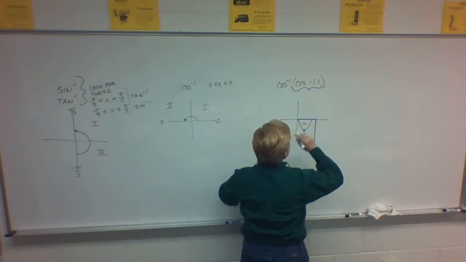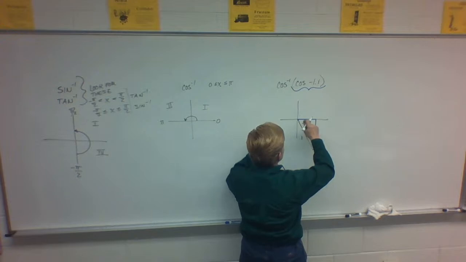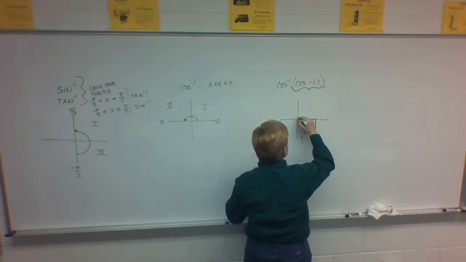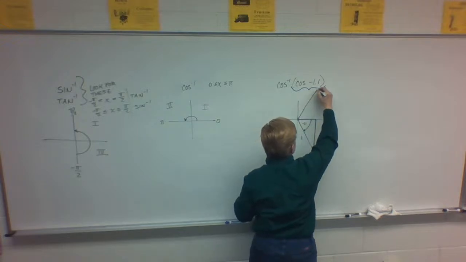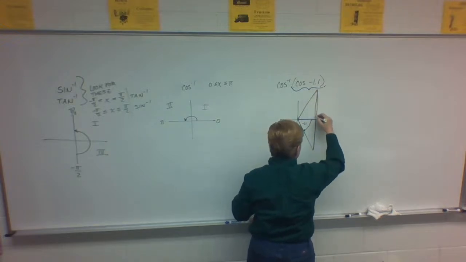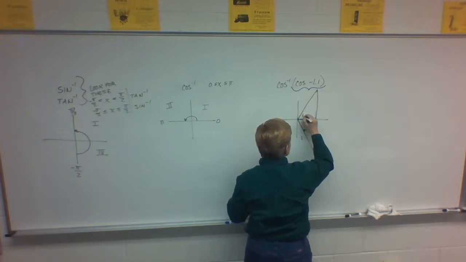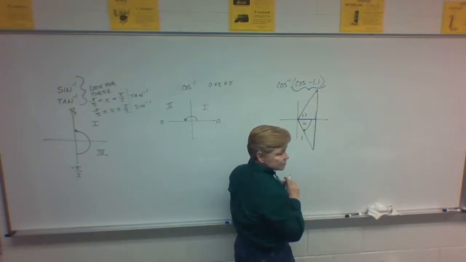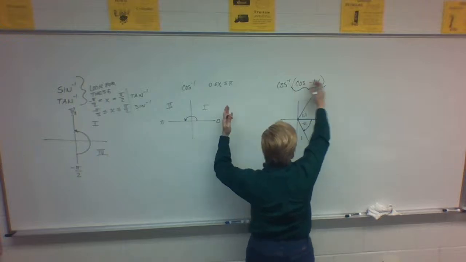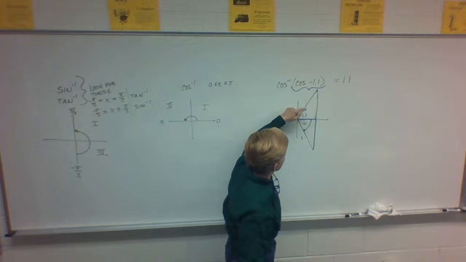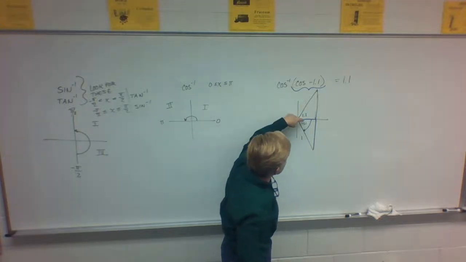Because if I open up an angle from here in the first or second quadrant that has this exact value for its cosine, it means I have to open up this angle in that quadrant so that its cosine will be this when I drop it down. And what angle is that? It's 1.1. So the entire value of this is 1.1 radians because that's the angle in the first or second quadrant that has the same cosine as this angle.